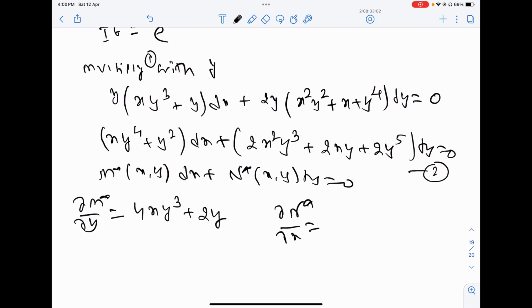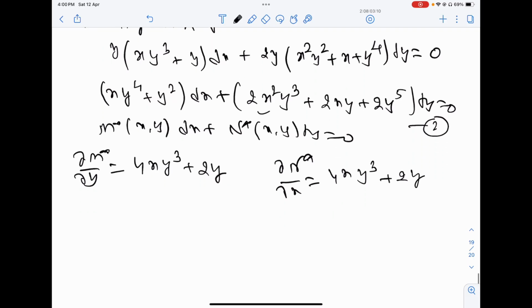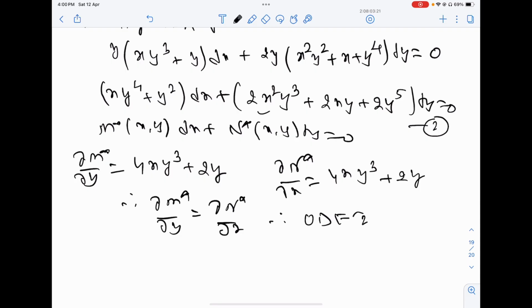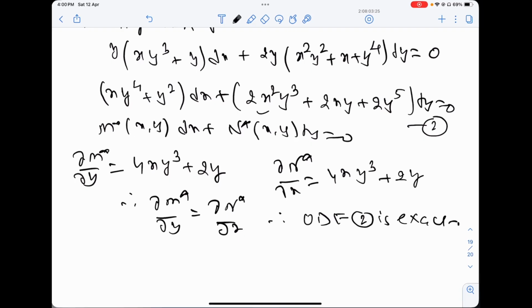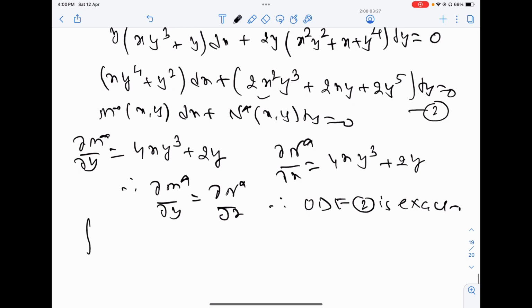So this is 4xy cube plus 2y. Okay, and so del M star by del y equal to del N star by del x, and therefore ODE 2 is exact, and we can find the solution.